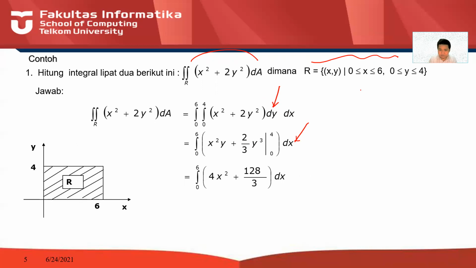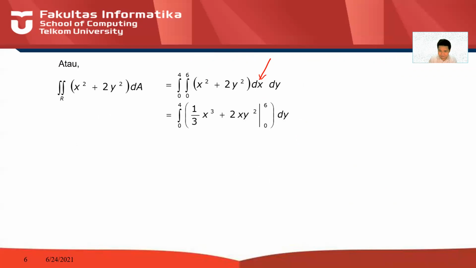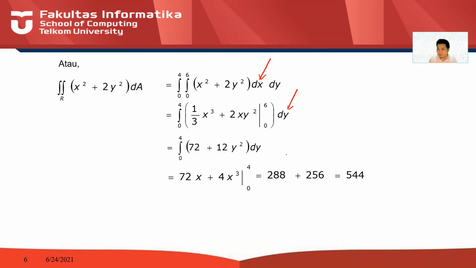Also the other way around: this one results in 544, and then the other one, we integrate in x first and later integrate with respect to y, and we get the same result, which is actually 544. We discussed this on the whiteboard, but now I will continue this material.